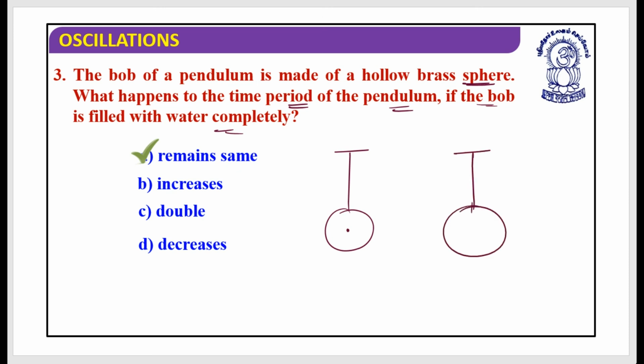Now we have filled it with water. Even after filling the water, the center of gravity remains the same. So the effective length remains the same, and as the effective length of the pendulum remains the same, the time period would be the same. I hope this is clear.